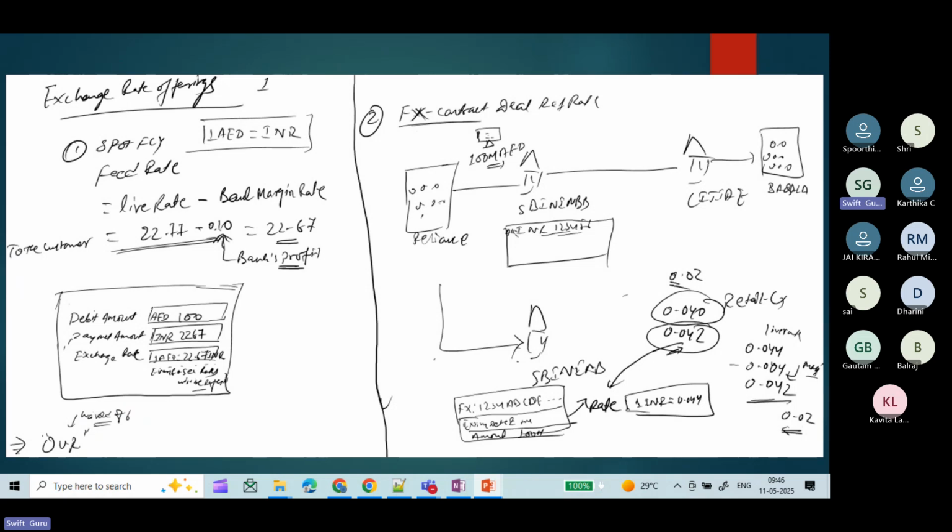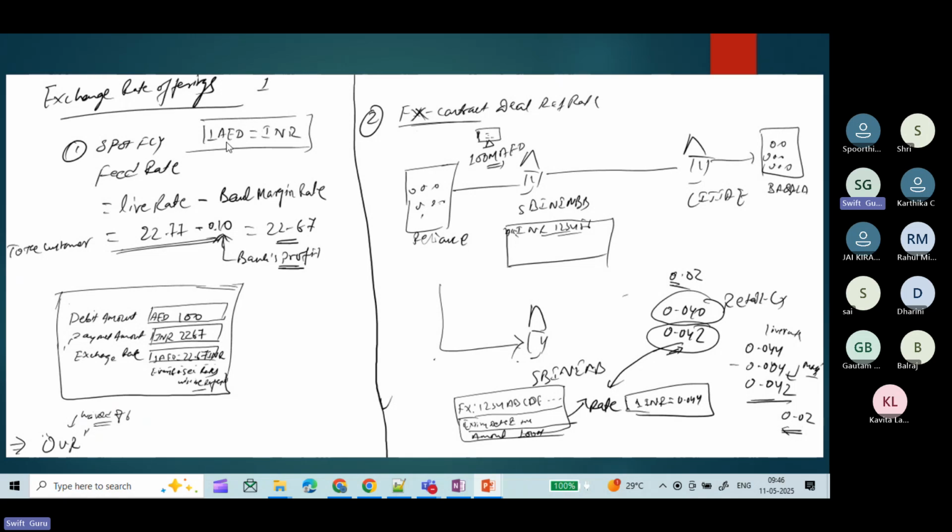Let me take an example where one person wants to make a fund transfer of 180 equivalent, a person from the United Arab Emirates wanting to make a fund transfer to India. That person's account is held in India, maybe one of the Indians working in the United Arab Emirates, right?